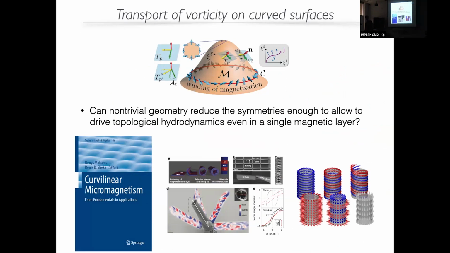For example, take a magnetic film, roll it into some cylindrical shape, and ask yourself what sorts of magnetic configurations, magnetic topological defects you get on the boundaries. That's already an established field. There's a book that came out recently reviewing the state of the art of this field. This is curvilinear micromagnetism.